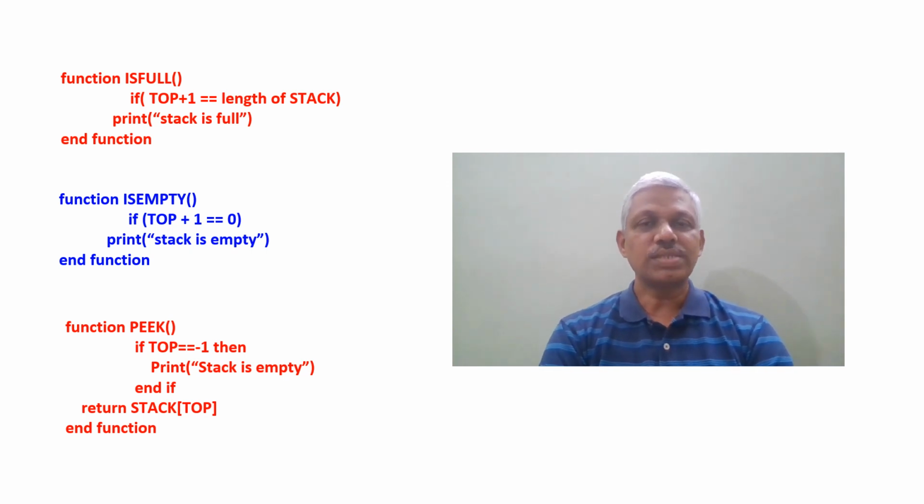So we check the condition that top plus 1 is equal to the length of the stack, or the size of the array if we are using an array. If it reaches that, we cannot insert one more element, and we return that the stack is full.